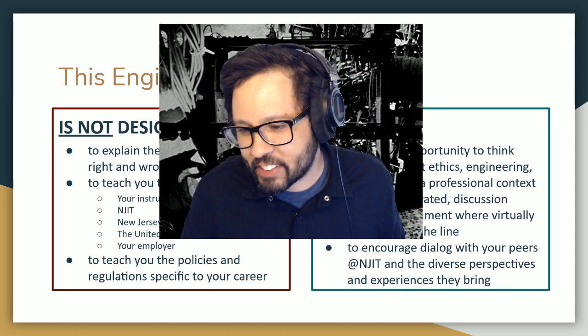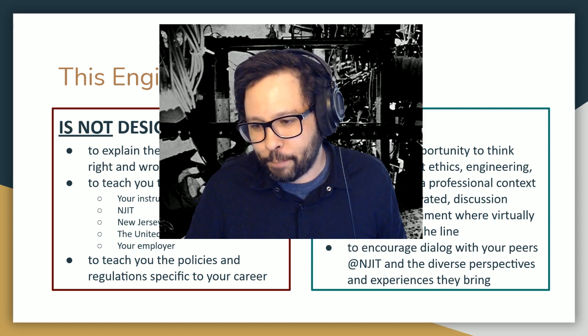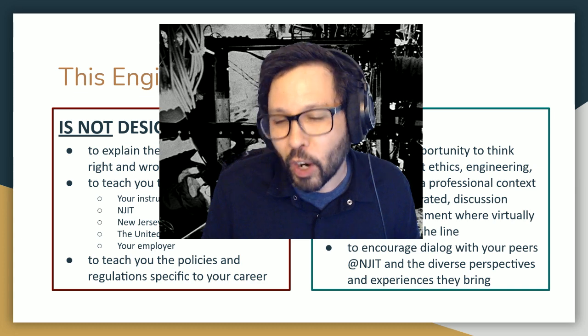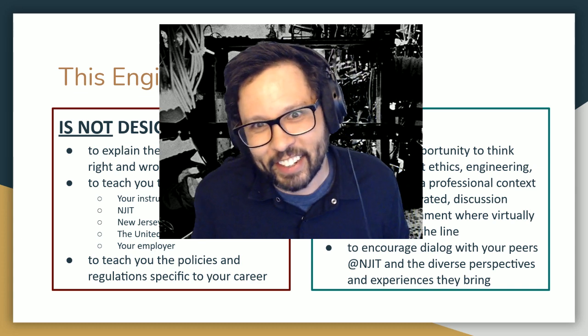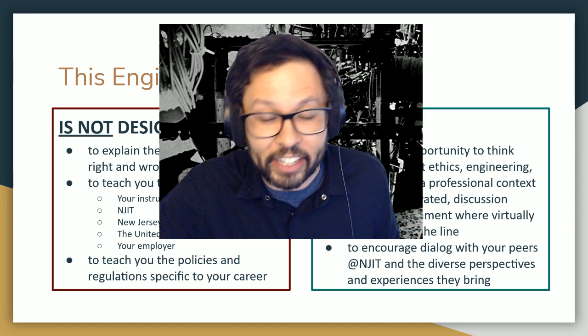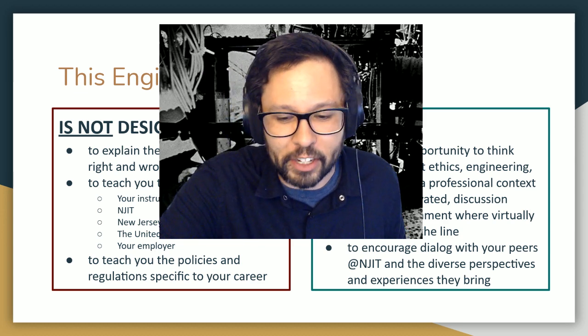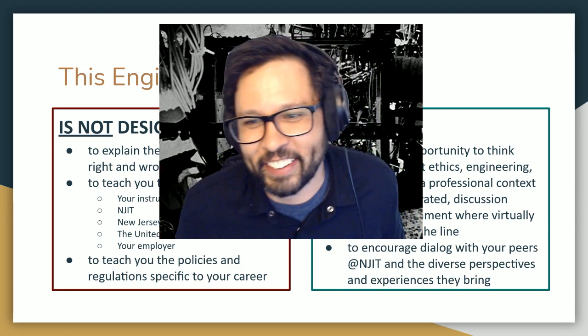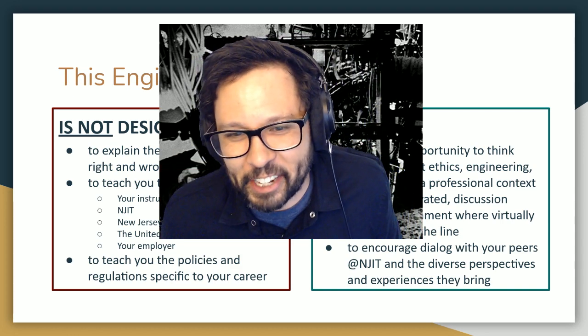This 15 weeks is set aside not just because you chose this class, but it's part of the degree requirement, so NJIT wants you to set aside at least 15 weeks to think about these ethics. And it's also a requirement from the accreditation programs, so for us to be a good engineering school, we need to have our students go through this 15 weeks of ethical reflection.